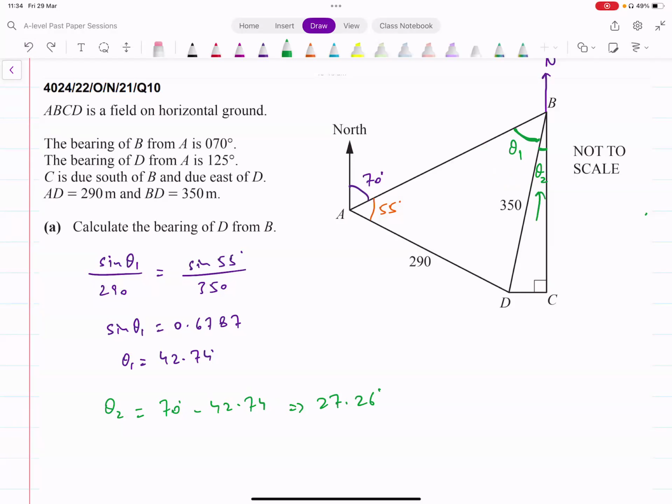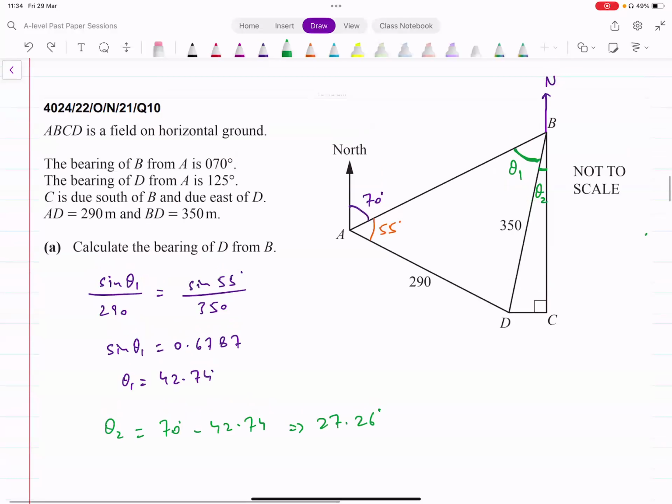So now once we have this angle, we were looking for bearing of D from B. That means we were looking for this complete angle. Now we have that 180 is the angle of the straight line. Add to that theta 2 and you'll get that bearing.